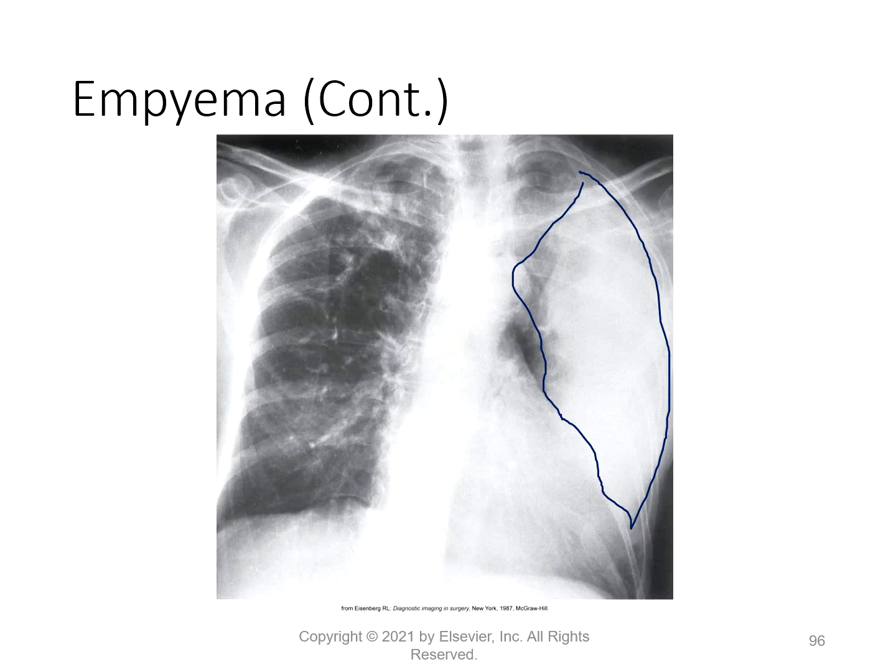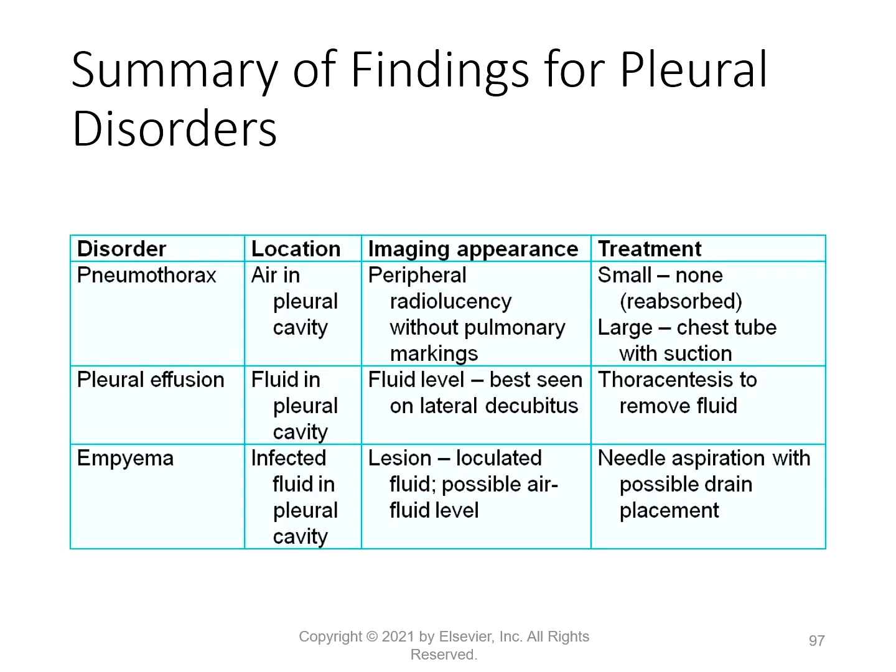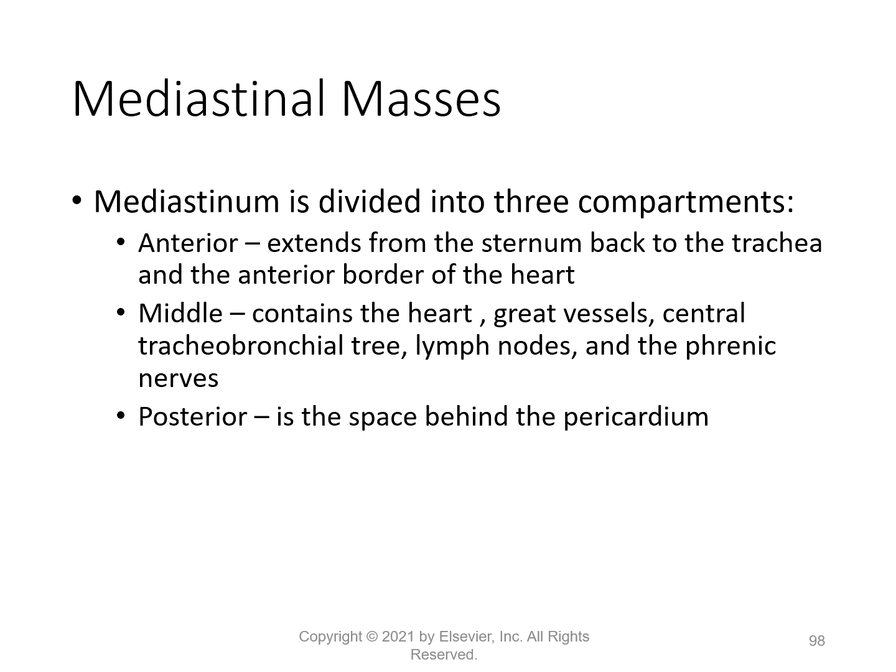If they were to biopsy or aspirate that, then they would find that it was pustular. So pneumothorax is air in the pleural cavity, pleural effusion is fluid in the pleural cavity, and empyema is pus in the pleural cavity.